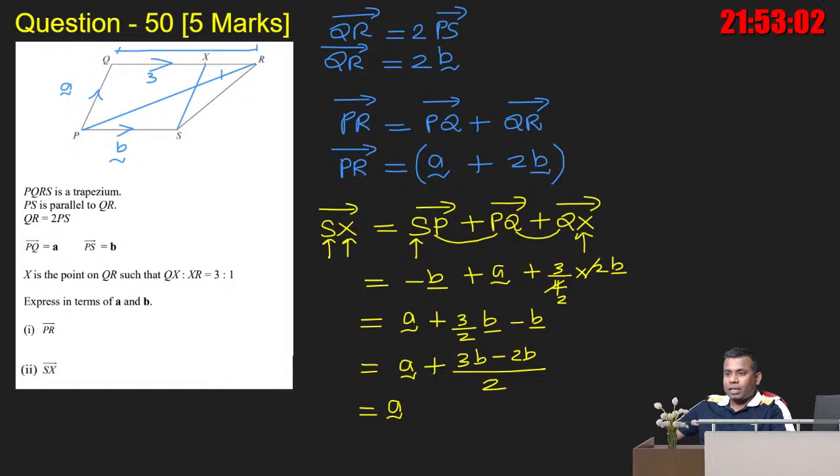So A vector plus half of B vector. So that is the SX, right?